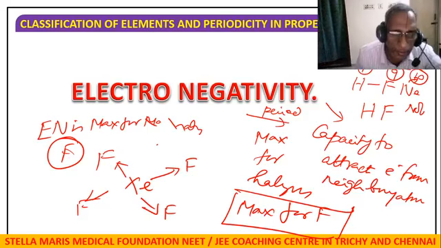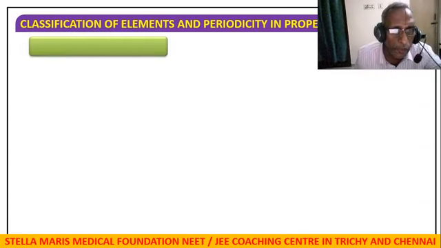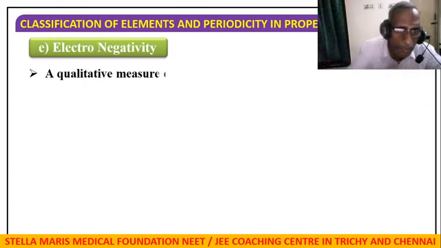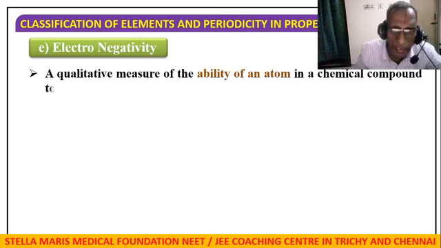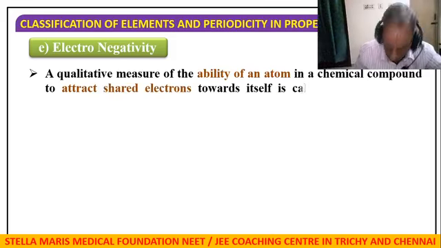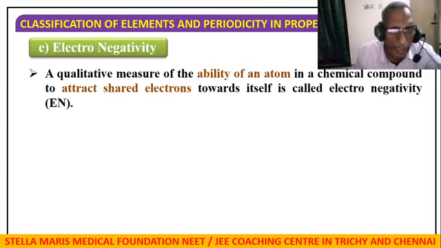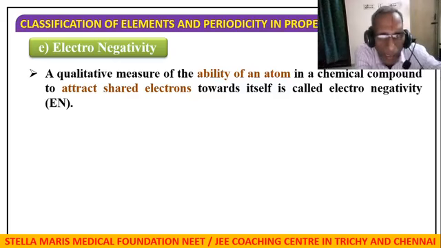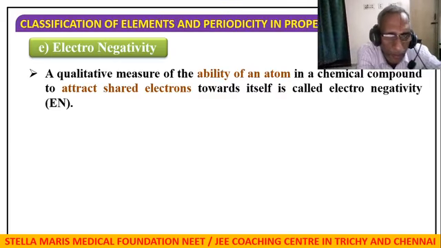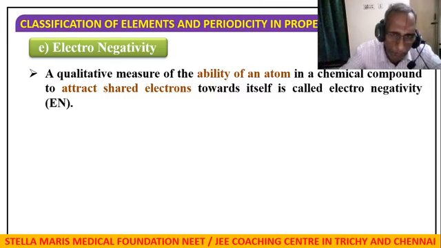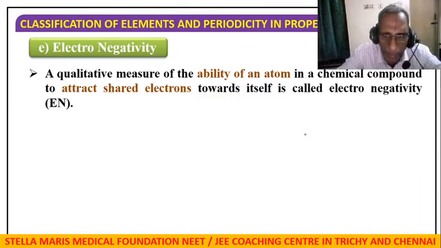With these points, let us move to the definition. What is meant by electronegativity? The electronegativity is the ability of an atom to attract shared electrons. What is meant by shared electron? You consider hydrogen gas.